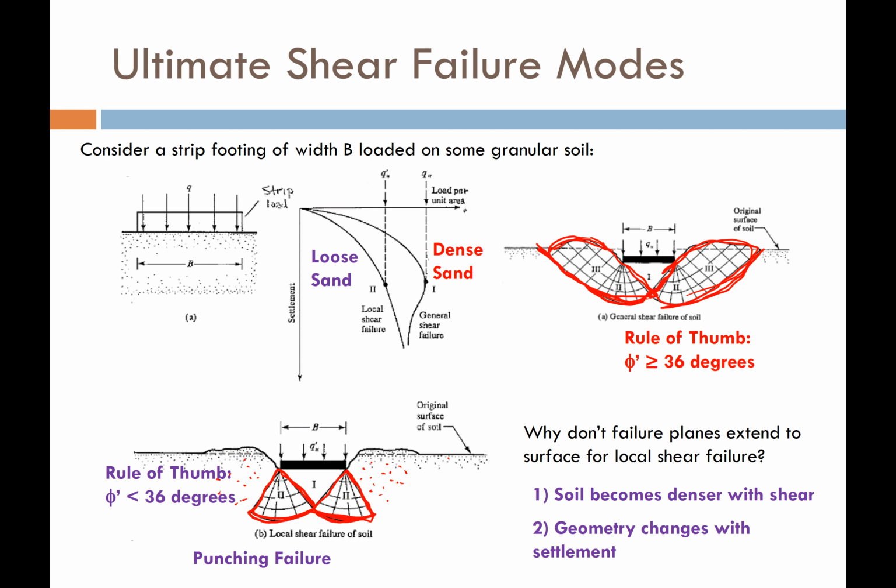As the plane gets pushed down, these zones of failure shift and move around, but they never go all the way up to the ground surface. So the thing you need to remember is I have two types of bearing capacity failures: general shear, and local shear, also called punching shear. They each have very different mechanisms.